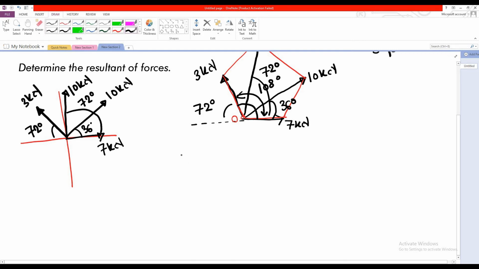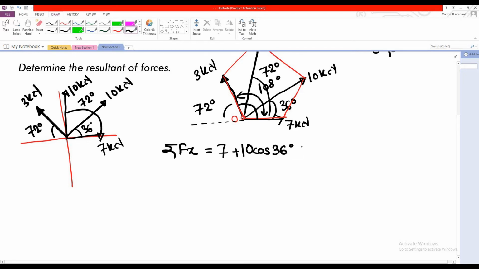Okay, so summation Fx, what should summation Fx be? See, here 7 kilonewton is directly on the x-axis, that's why it should be taken as +7, rightward. Then we should have 10 cos 36 degrees. Why did we take 10 cos 36 degrees?